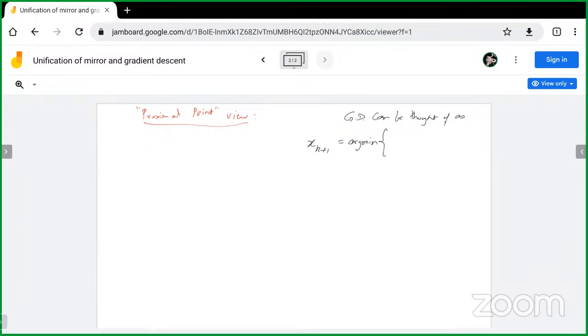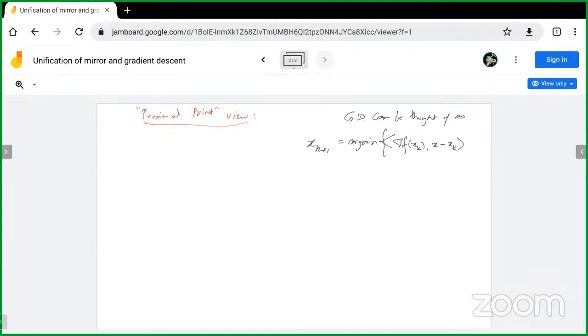And how do you obtain this quadratic? So when you take the linear approximation, the linear approximation is some gradient or subgradient at x_k and x minus x_k.